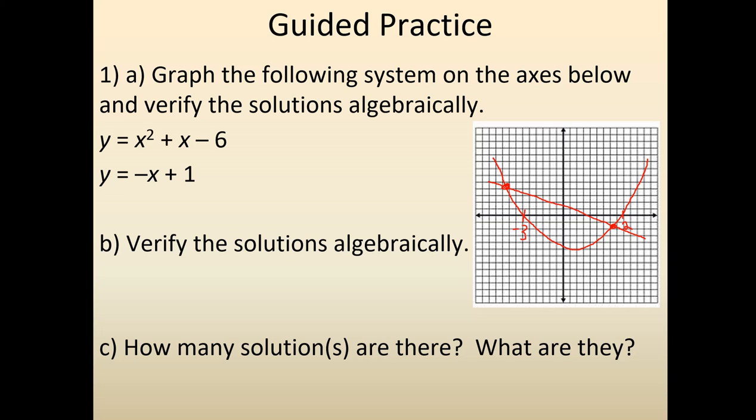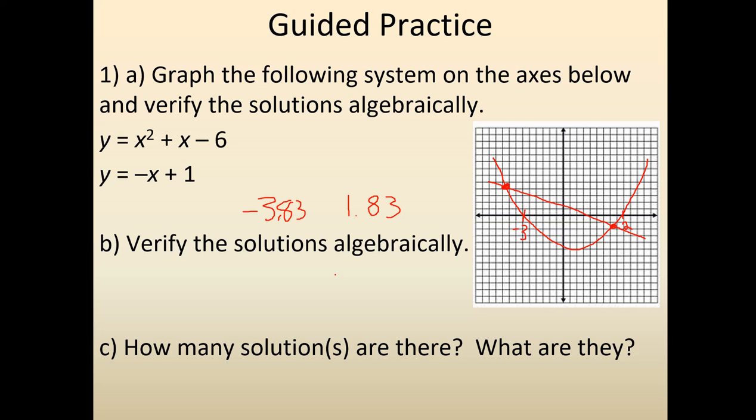Now, if you are looking on the calculator, there's not going to be a whole number. The numbers that it ends up crossing at, let me just do the math real quick, end up being 1.83 and -3.83.